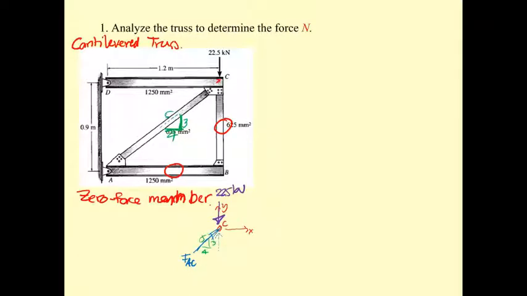If this force is in this direction, and you put this one in the horizontal direction, the force here must act in the opposite direction. So this is going to be F sub CD.